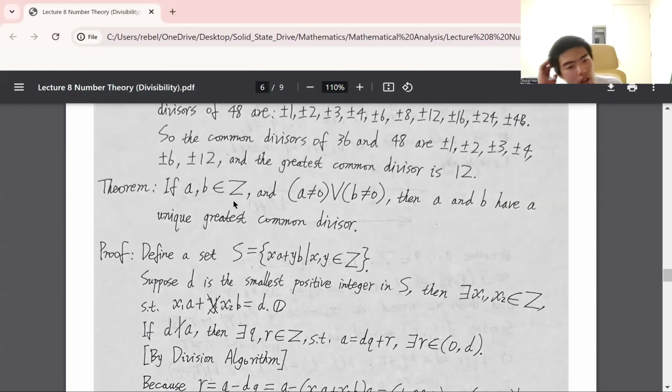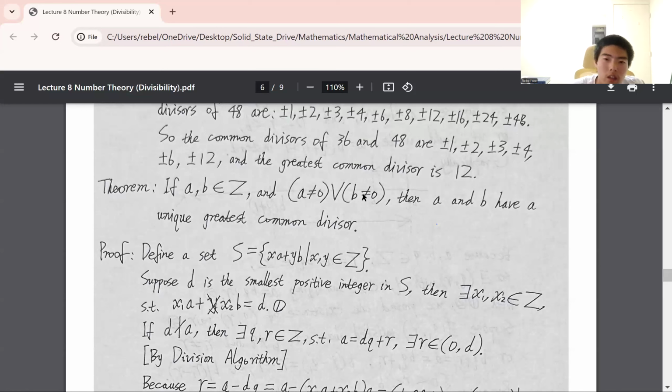Okay. And a theorem regarding the common divisor is: if A, B are two integers and they are not both 0, then A and B have a unique greatest common divisor. One very interesting thing: why can we not have both A and B equal to 0?